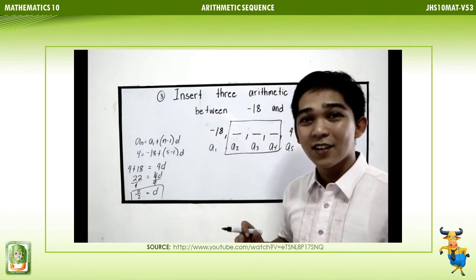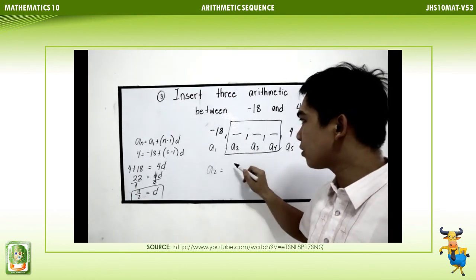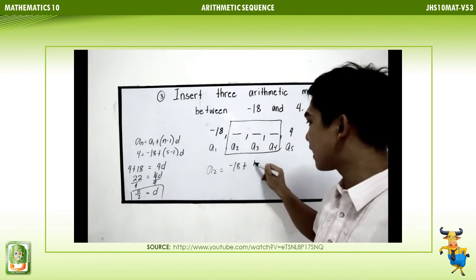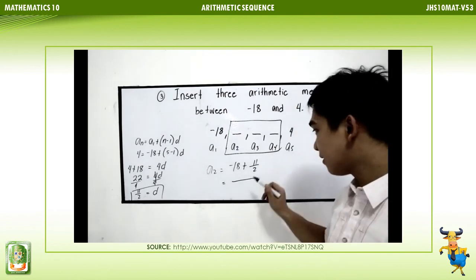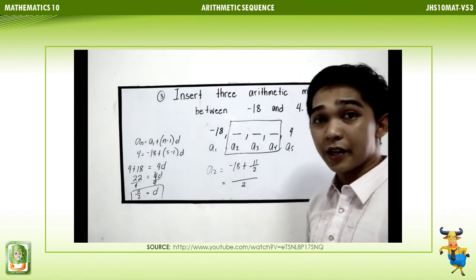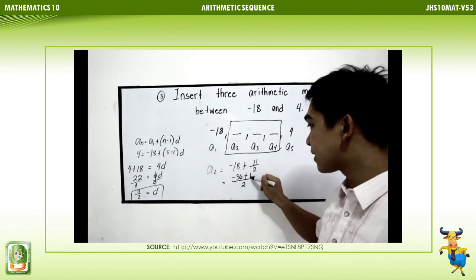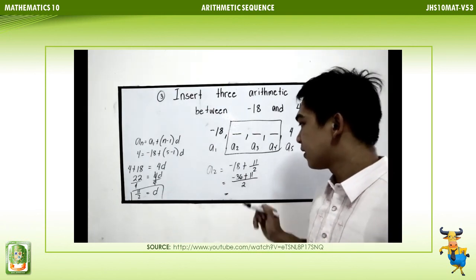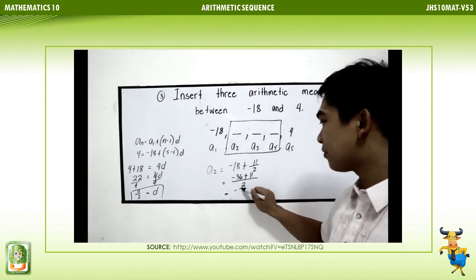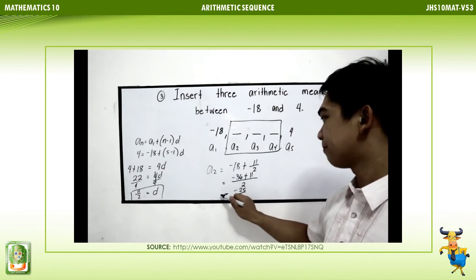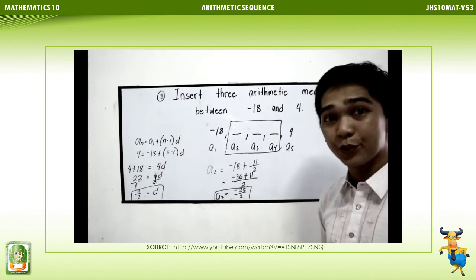It is a bit tricky, so let us add. A2 is equal to negative 18 plus 11 over 2. Copy the denominator, then 2 times negative 18, negative 36 plus 11, that is negative 25 over 2. So our A2 is negative 25 over 2.